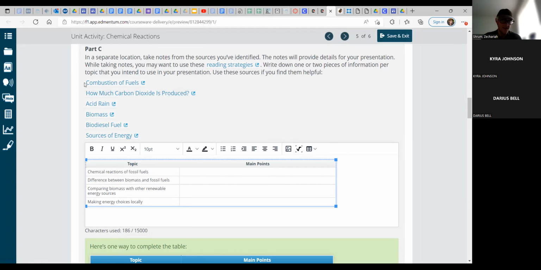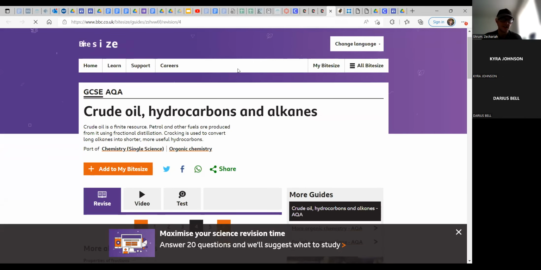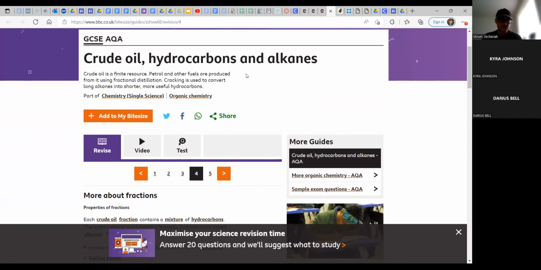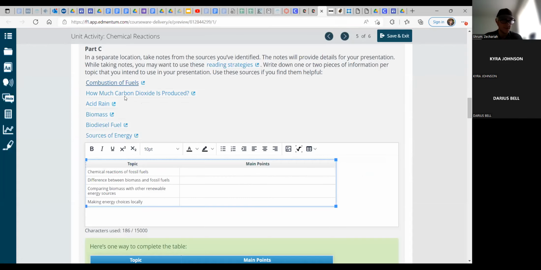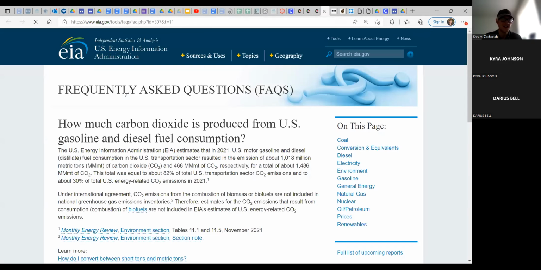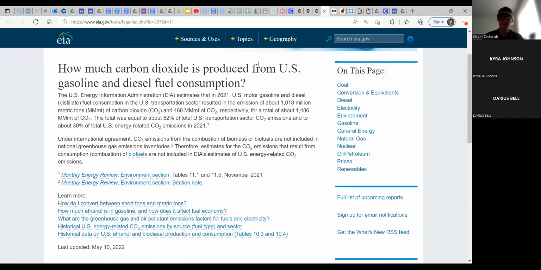And we have more resources here in part C, talking about the combustion of fuels, crude oil, hydrocarbons, and alkanes. We also have how much carbon dioxide is produced from US gasoline and diesel fuel consumption.